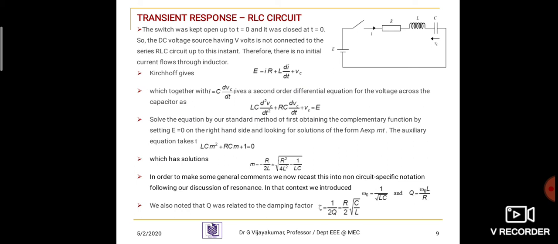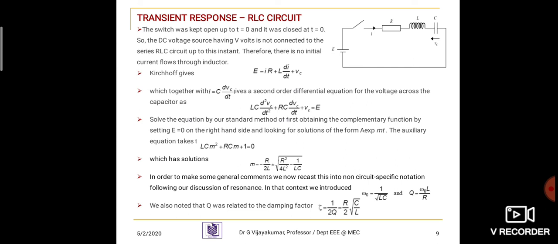You can easily write the corresponding equation, substituting the value of I from the first equation and differentiating, as for second order differential equations. Solve the equation by our standard method of first obtaining the complementary function by setting E is equal to 0. So, while finding the values of C and L, we are assuming E is equal to 0. On the right hand side, we look for a solution of the form A exponential m t.